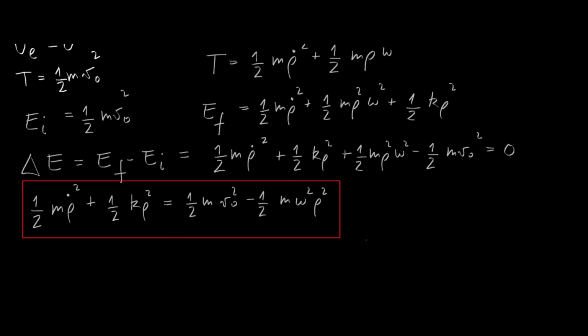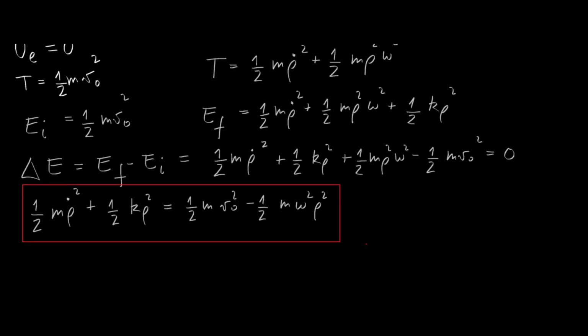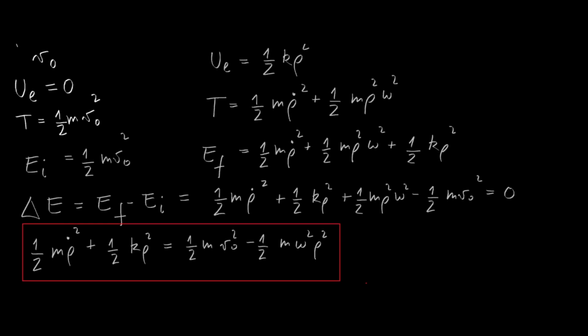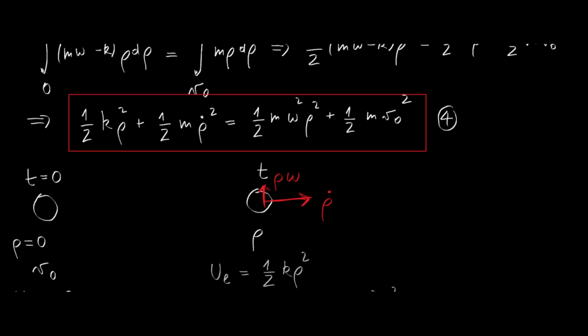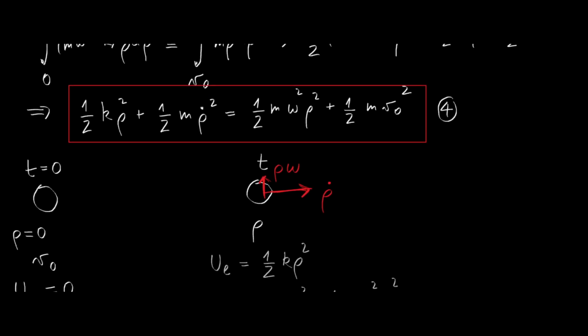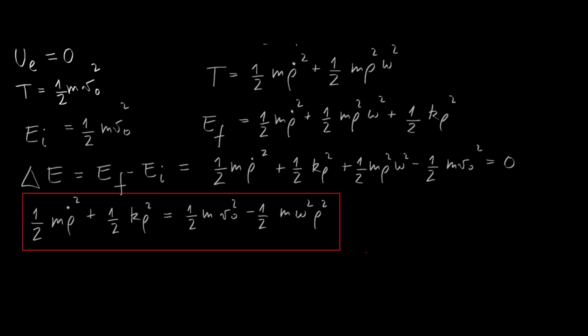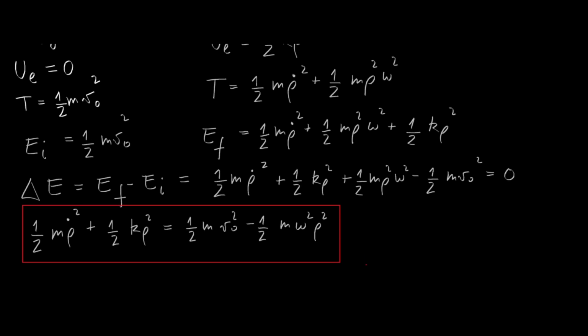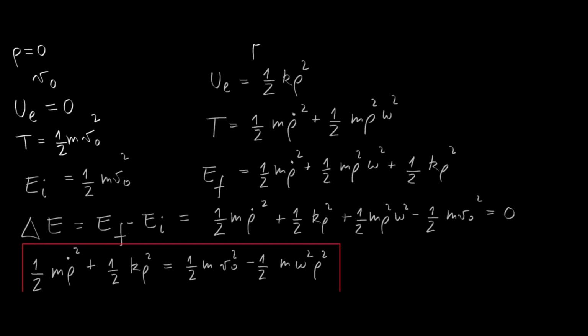Okay, perfect. And if we compare this equation that we obtained from conservation of mechanical energy to the equation that we obtained from the integration of Newton's second law, we note that they are very similar. In principle they are very, very similar, but they are not the same.